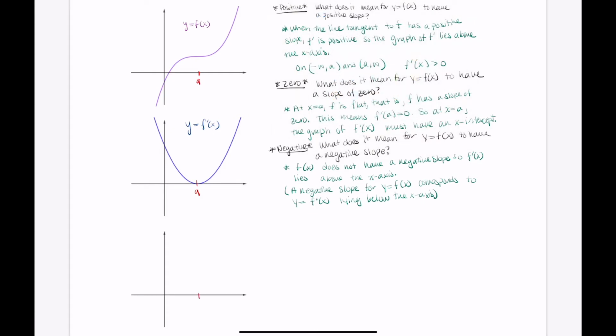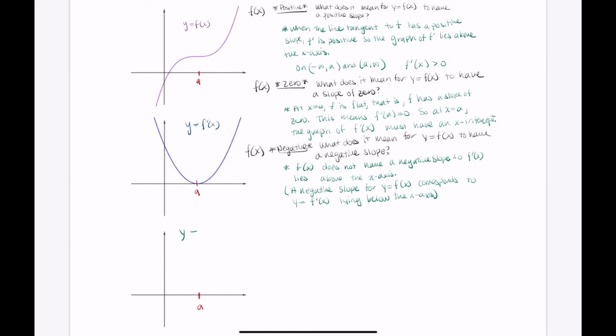So we can mark this spot x equals a. If now we imagine this blue curve is our roller coaster frame, when we're riding after x equals a, the roller coaster is going uphill. That tells me that the slope of the first derivative is positive to the right of x equals a.